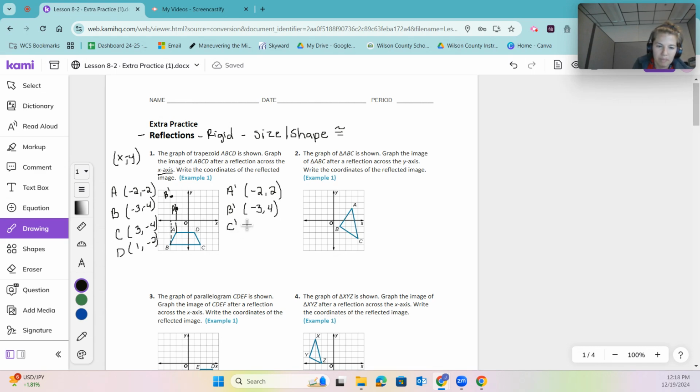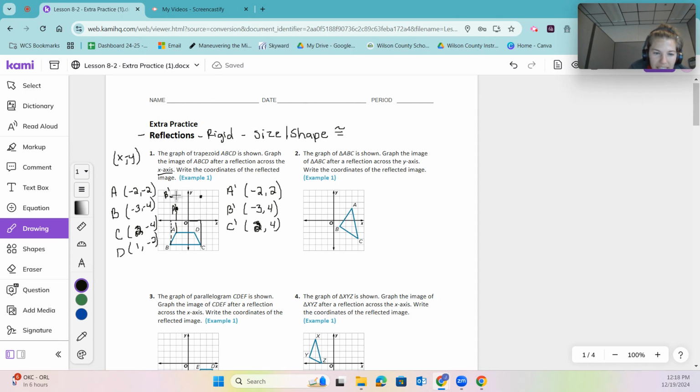So C prime is going to be plotted at... oops, not 3, 2. Here, this is actually 2. See here, 1, 2, and down 4. So it's (+2, -4), and it becomes (+2, +4).